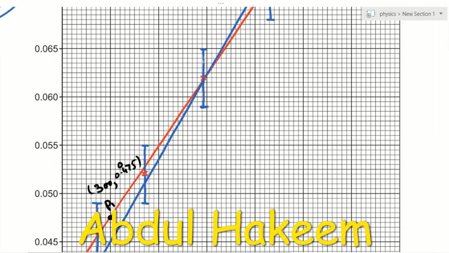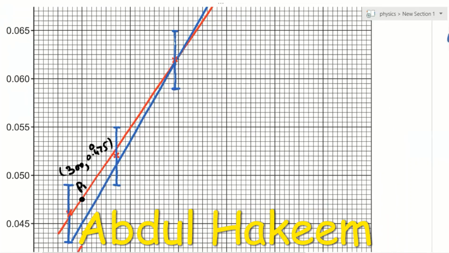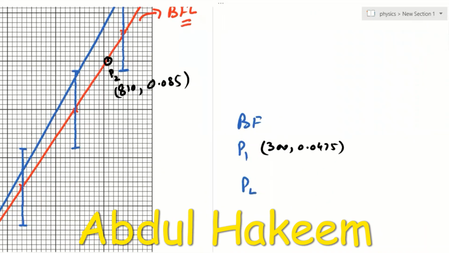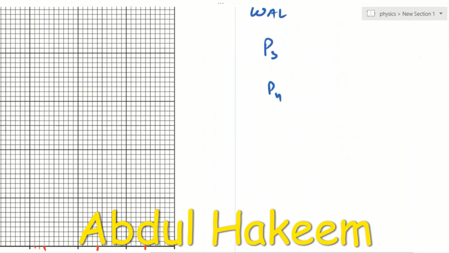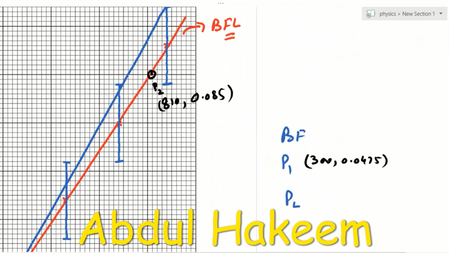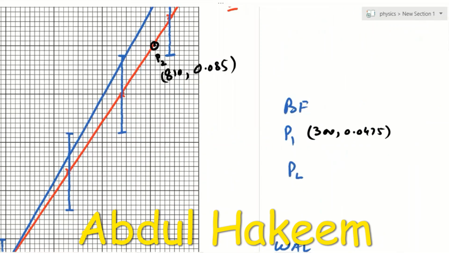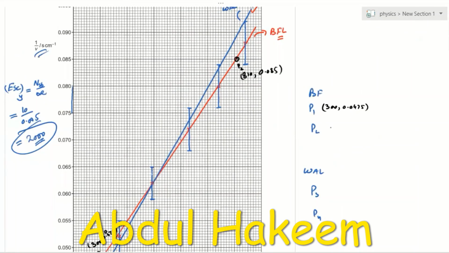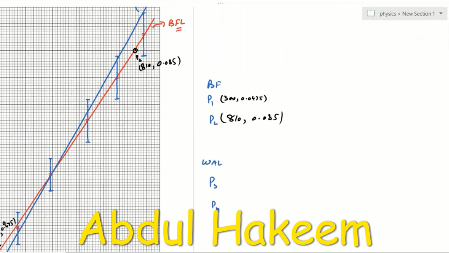So this is 0.0475. And the next point is P2. It is 810 at the x-axis and 0.085 at the y-axis. So 810 and 0.085.